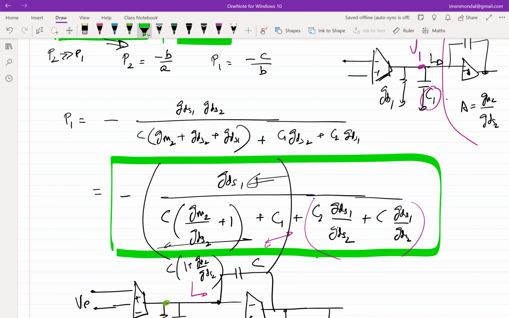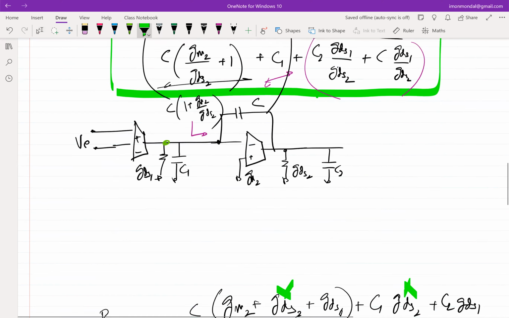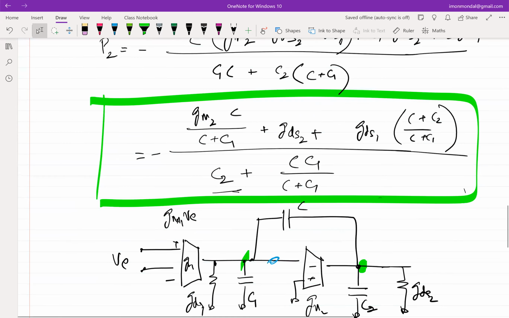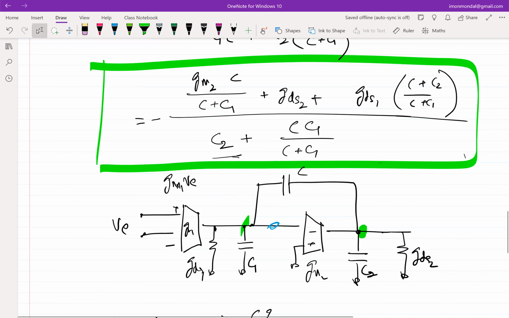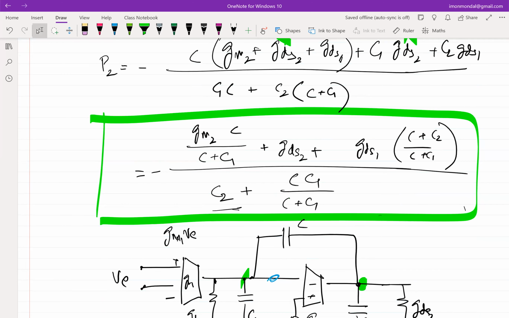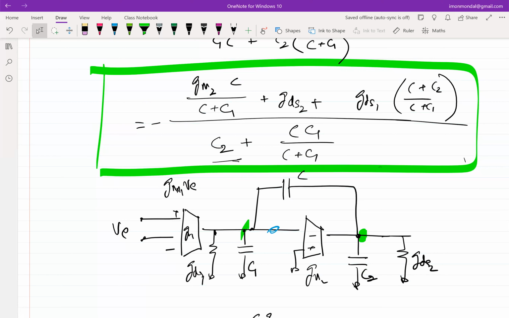But as long as they are smaller, we are okay. So now P2 becomes this. Again, we have to try to make sense of whether this actually makes sense or not. P2 is the pole associated with V2, this stage.